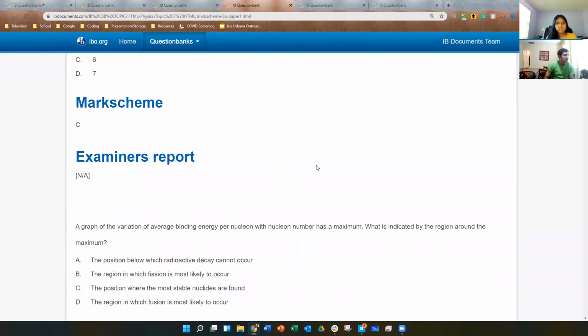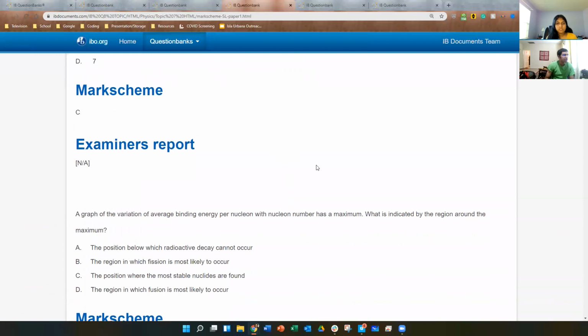The graph of the variation of average binding energy per nucleon with nucleon number has a maximum. What is indicated by the region around the maximum? Is it C? I would think so, because anything that has the most doesn't make sense where fission is most likely, fusion most likely.